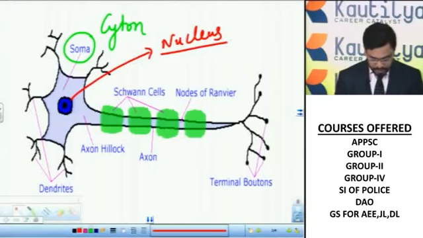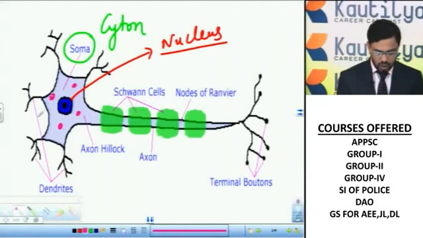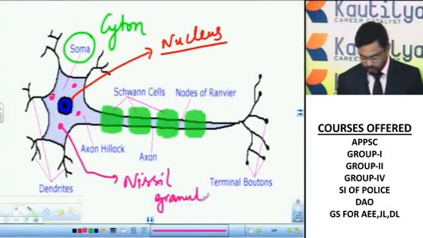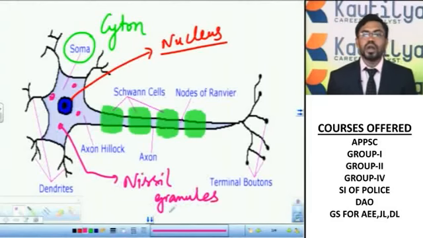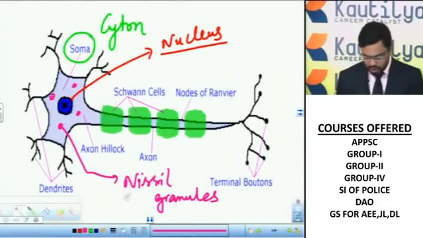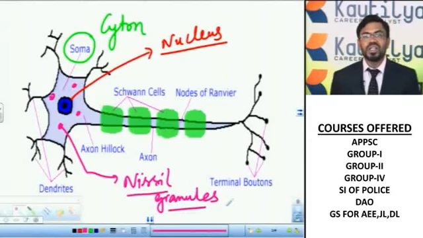Inside the cytoplasm of the cyton, small granules are present. These granules are called Nissl granules because they were discovered by F. Nissl. These Nissl granules are the site of protein synthesis.